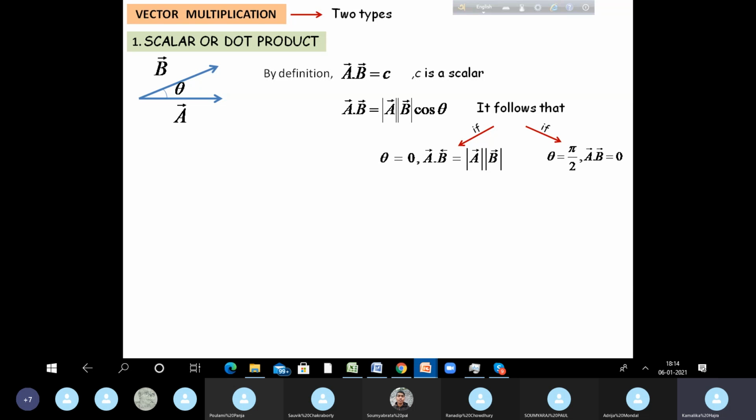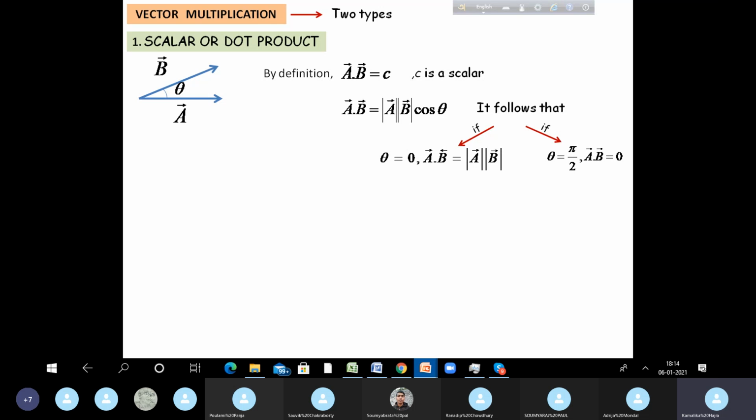On the other hand, if two vectors are perpendicular to each other, then once again from the definition of dot product, the dot product in that case is equal to 0. So suppose you are given two vectors and asked to comment whether they are parallel or not, or to comment on the angle between them. You can simply take the dot product.